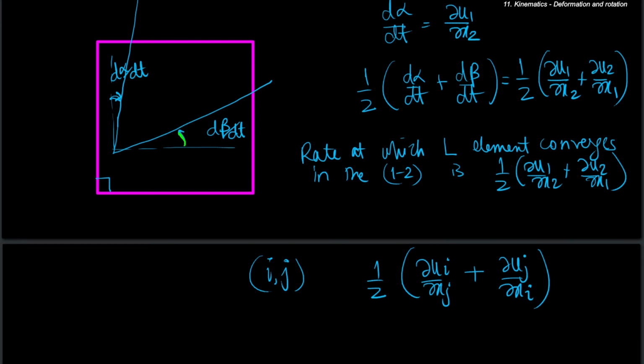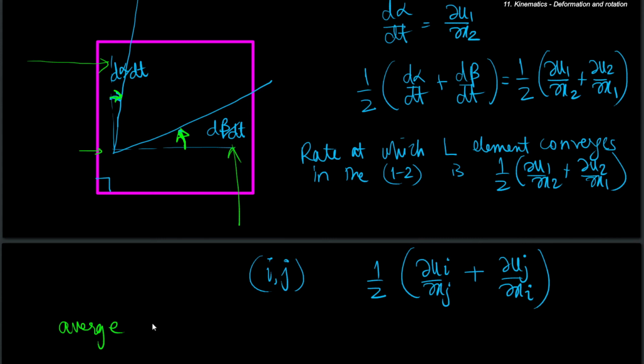Now the sign convention is counterclockwise is positive and clockwise is negative, and these rates of change of angle are as per the sign convention of: as y increases velocity increases, as x increases velocity increases, and therefore the average rotation rate will be half.